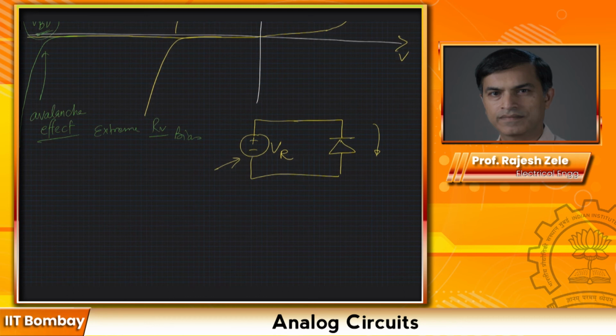Now that huge amount of uncontrollable current can burn the device out, because it's going to flow through a really small area. And then the device is of no use.